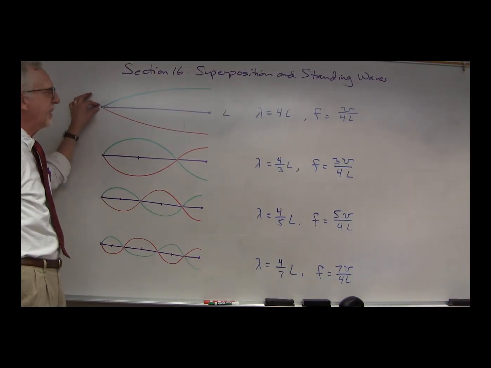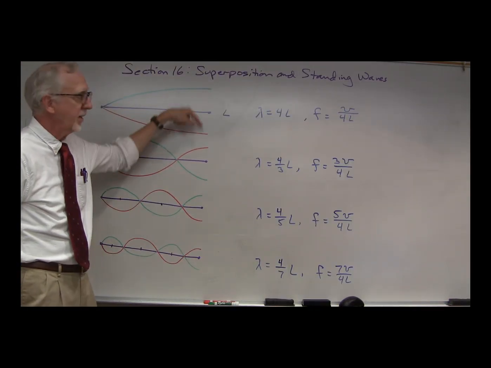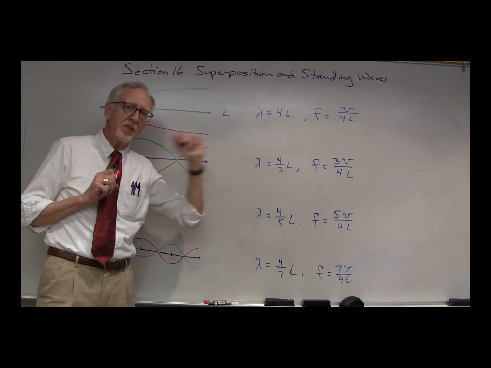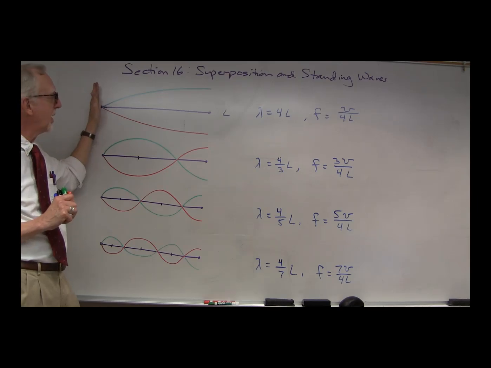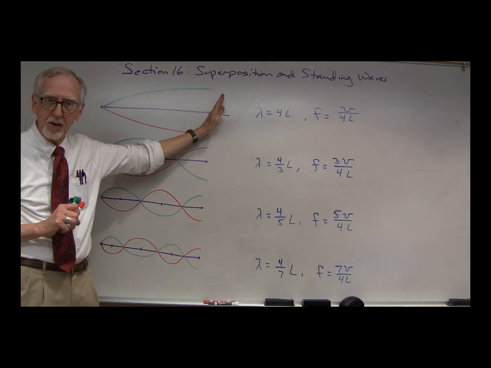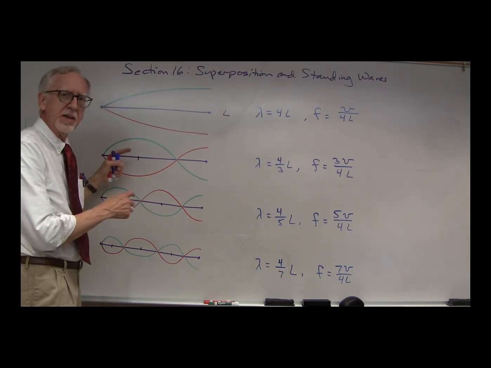So with one fixed end and one free end, the longest wavelength that we can have is where we have one node at one end and an antinode at the other end. So what would the wavelength of this wave be?